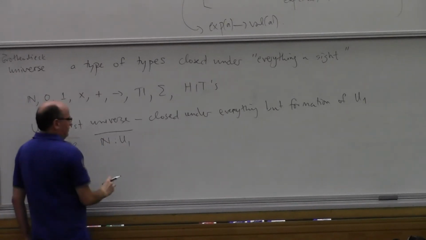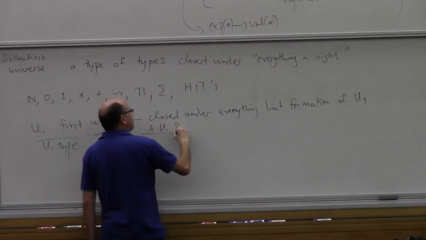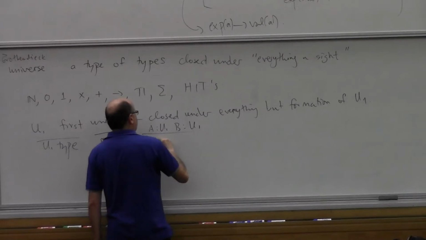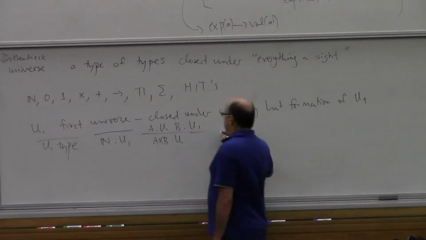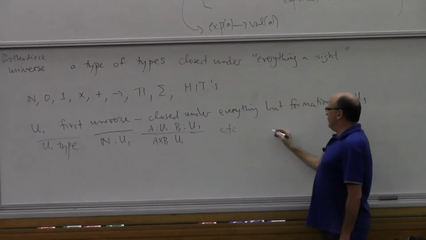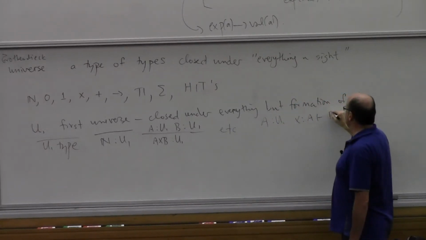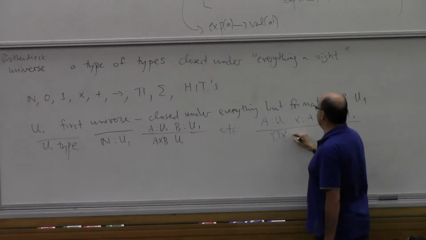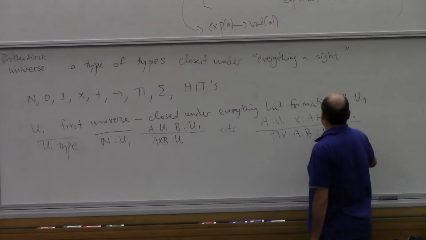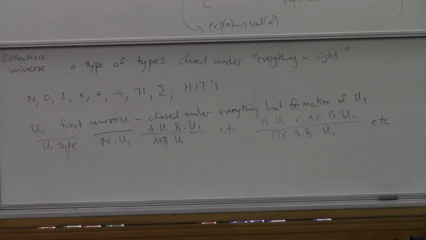N is in U1. Then we say if A is in U1 and B is in U1, then A cross B, for example, is in U1, etc. And with pi, we say if A is in U1 and with x in A, B is in U1, then pi x in A, B is in U1, etc. We make a definition like that.